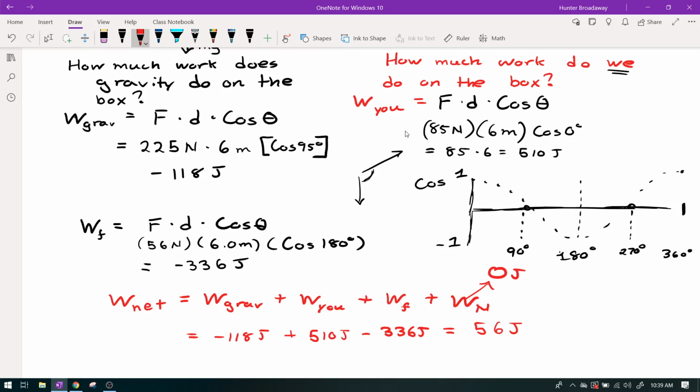You're going to have to be careful with me about the cosine of the angle. Doing that cosine of 95 degrees bothers me a little bit, because I think there's a different way to do that, and I normally do it a different way. When we get to that, I will show you that different way, but I don't want to do it quite yet.